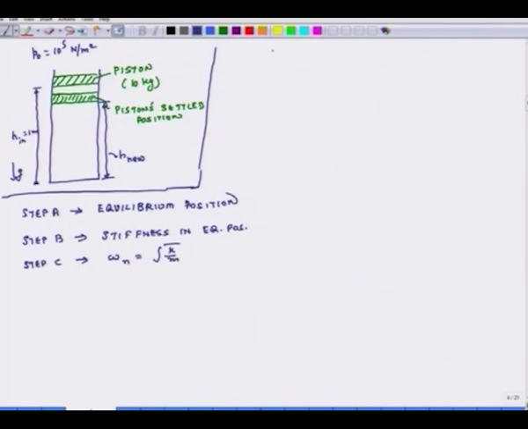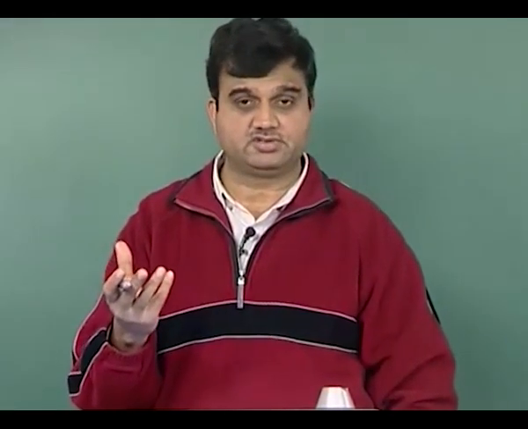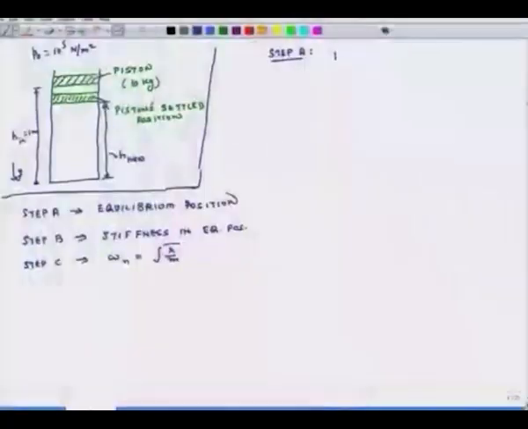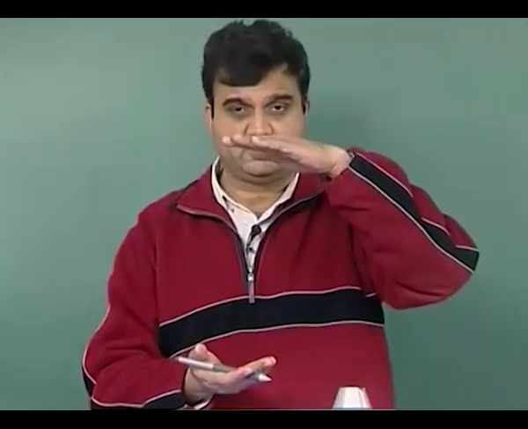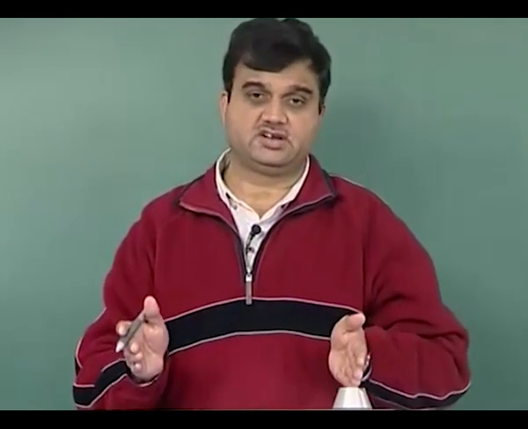So, we will start with step A. The extra force which is being impressed upon air, this external force F, equals mg, and this force is being balanced by the incremental pressure, because once this mass moves downwards, the pressure inside the cylinder is going to increase.